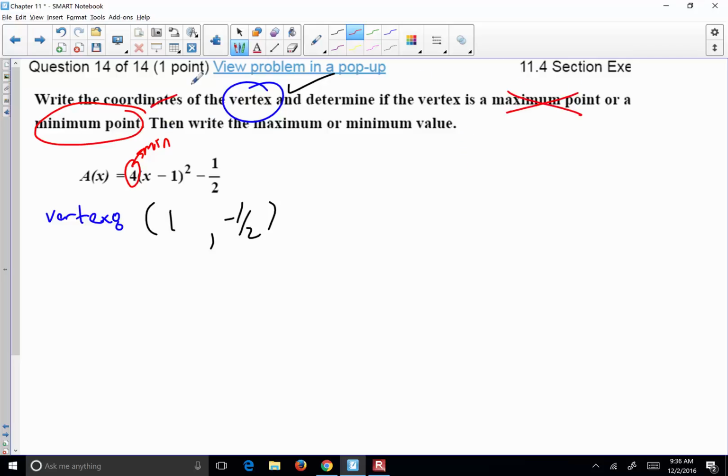So we answered 2. Okay, what is that maximum or minimum value? We don't have a maximum, but what is that minimum value? Right? Negative one half. That's it. A 10 seconds question. You don't need to graph it.